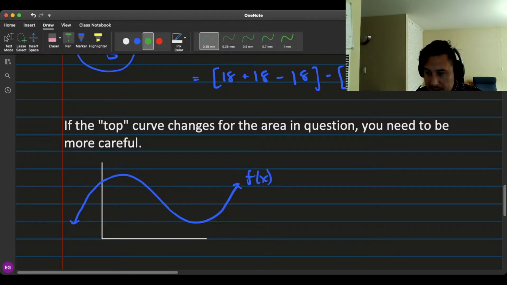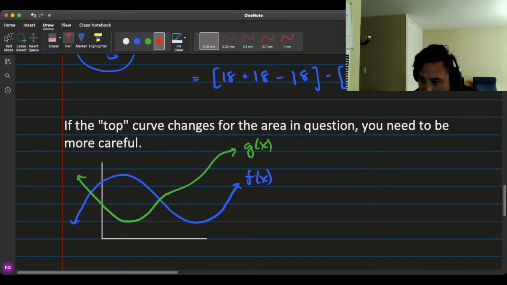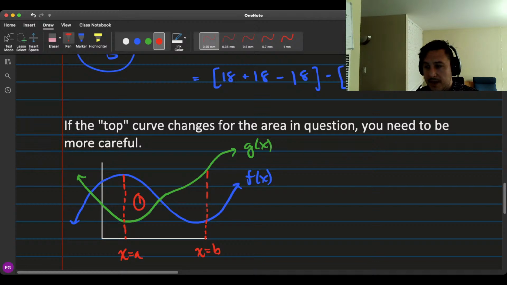And our g of x starts off being on bottom and then eventually is on top. And let's say we're interested in the area from x equals a, which will start right there, over here to x equals b. So do you see how you get two regions? You get one region right here and another region right here.